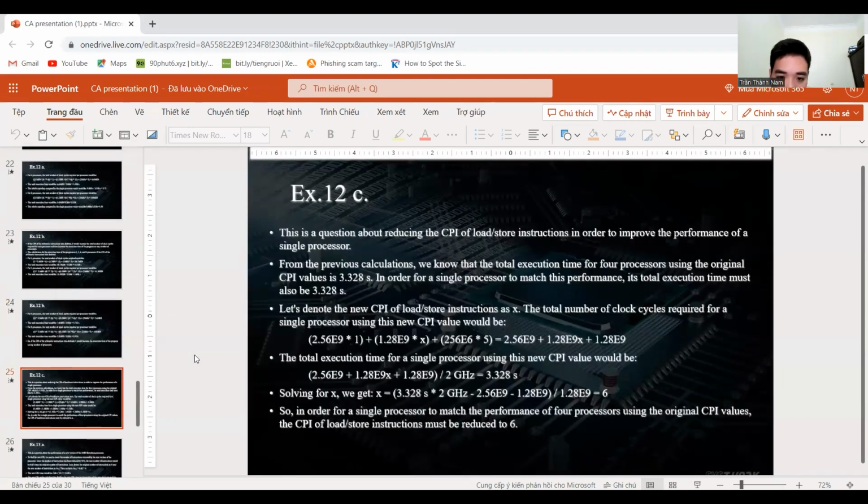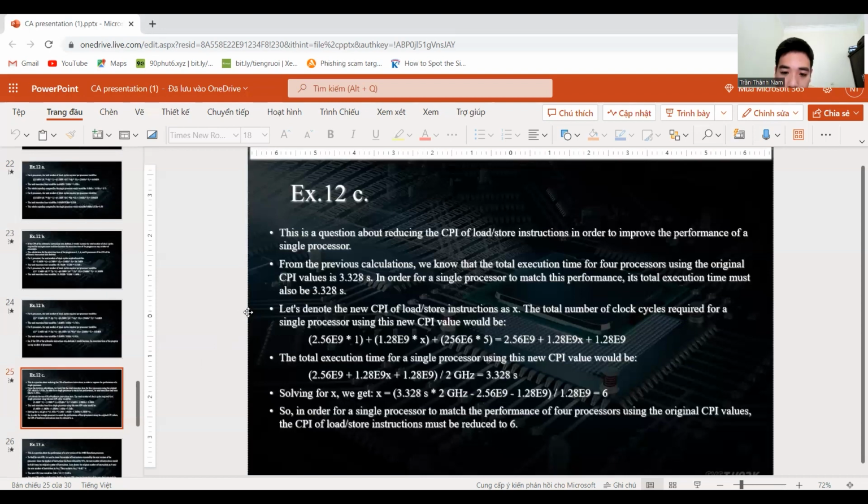This is a question about reducing the CPI of the load/store instruction in order to improve the performance of a single processor, right? From the previous calculation, we know that the total execution time for the processor using the original CPI values is 3.328 seconds. So in order for a single processor to match this performance, its total execution time would also be 3.328 seconds.